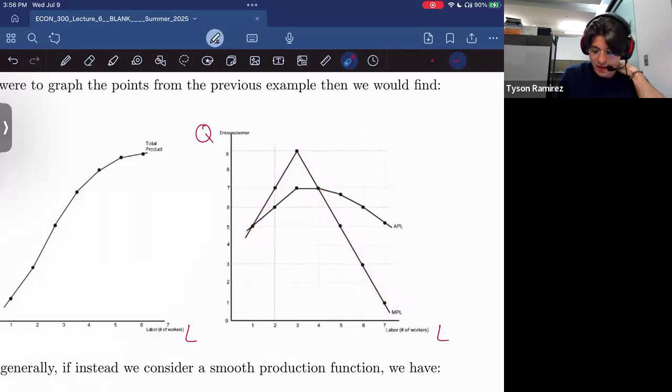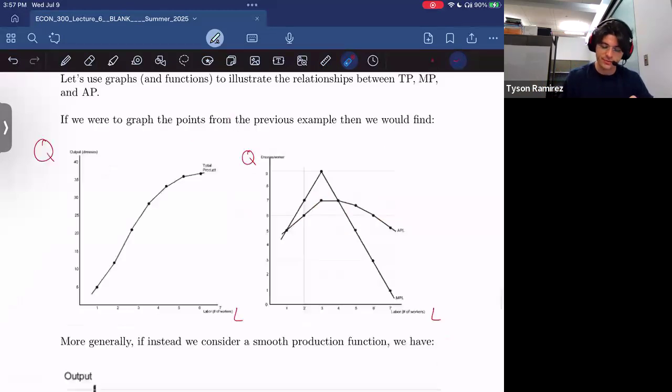Similarly, we see that the average product, we also saw this in the table, goes up, up, up, and then starts to reduce or diminish as well. And we do notice that the marginal product and the average product lines cross. And that's no coincidence.